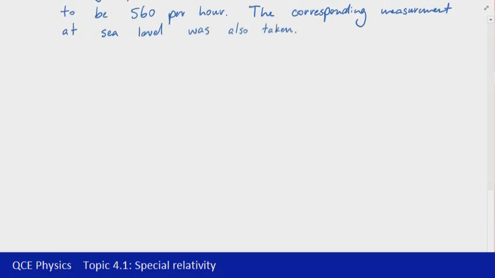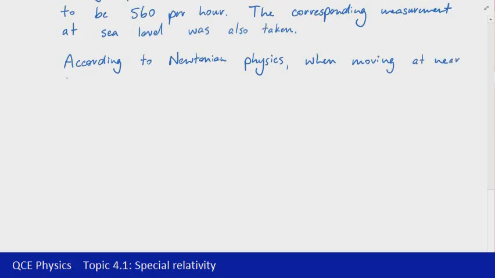So if we look at Newtonian physics, considering the speed with which the muons are moving, and also the fact that they have a very short half-life, what we would expect is that as they're continuing to fall 2,000 meters, the muons will decay, so we'll end up with less of them when making the measurement at sea level.